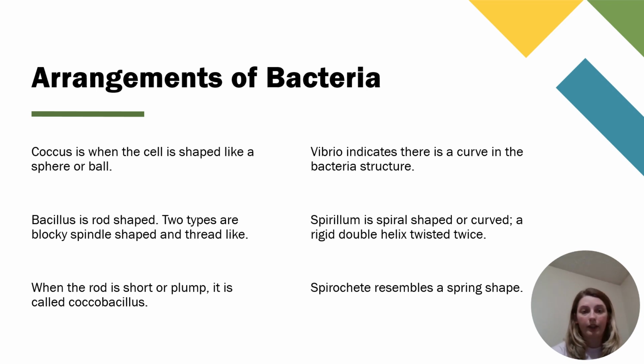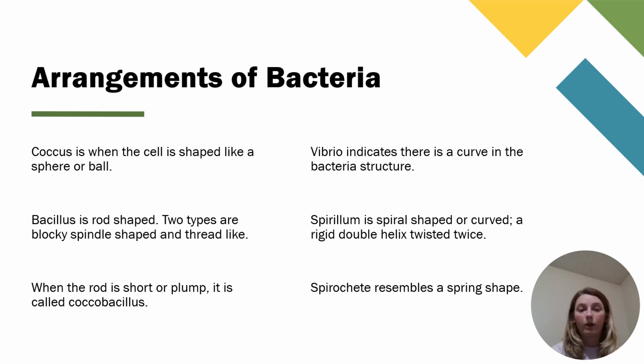Arrangements of bacteria. Coccus is when the cell is shaped like a sphere or ball. Bacillus is rod-shaped. Two types are blocky spindle-shaped, and the other is threadlike.